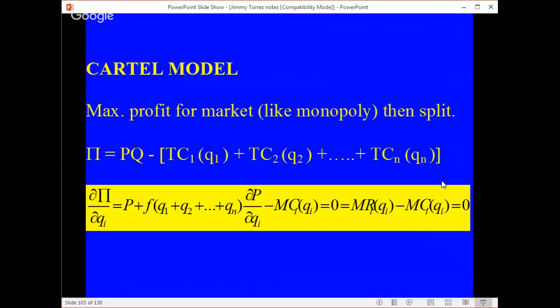Everybody understands this part? In other words, I have P, a function of all the little q's, and then I have Q, so I do it with respect to Qi, and I just get P, and then all the little q's, the partial of P with respect to Qi, minus marginal cost. And I set that to 0, and of course that gives me marginal revenue equals marginal cost, just like any other monopoly.